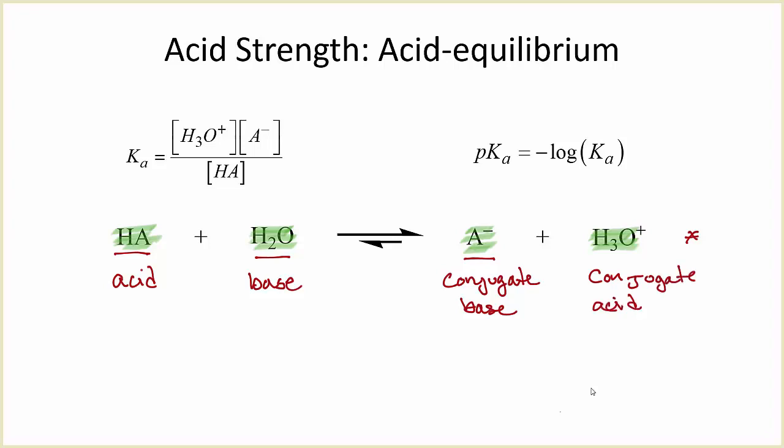Now, the conjugate base always comes from the acid, but you'll notice that this arrow has two directions on it, a forward direction and a backwards direction. What this is implying is that the reaction goes both directions, that this is what is known as a reversible reaction.